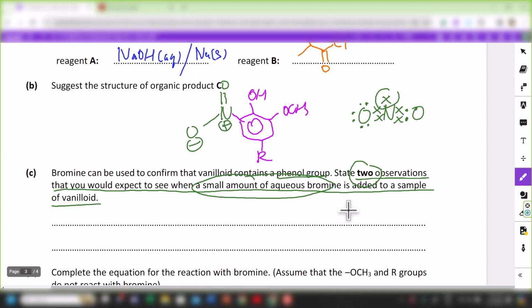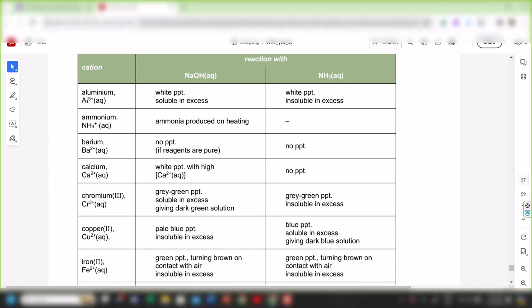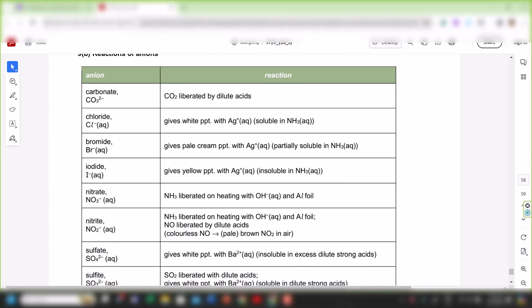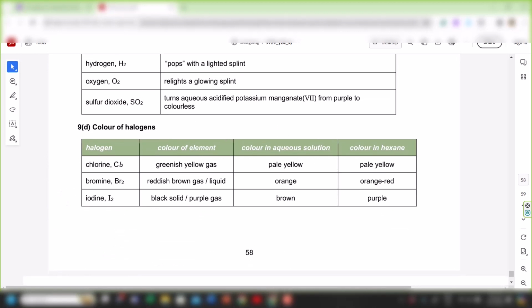In case you forget the color of aqueous bromine, we can scroll down to the data booklet, the second last page over here, the color of halogens. If you look at the third column, you will see that bromine in aqueous solution is orange, or in our lecture notes we describe it as yellow-orange for dilute solution. So in case you don't know the color, please scroll to the second last page.